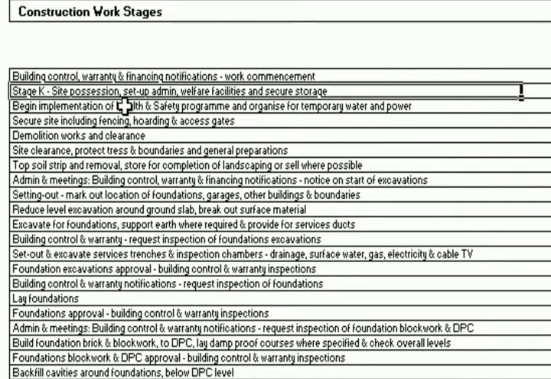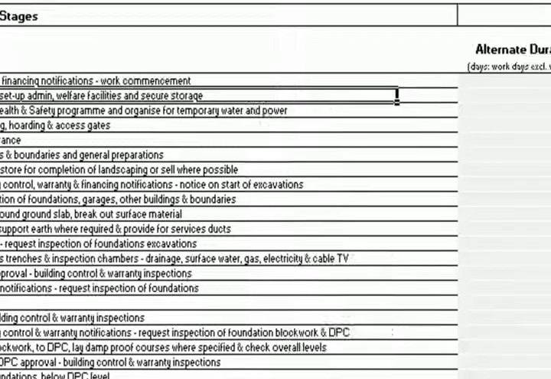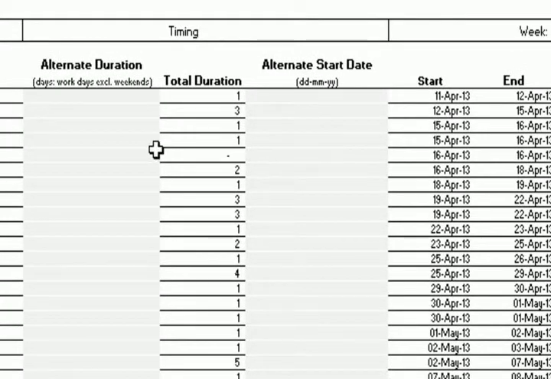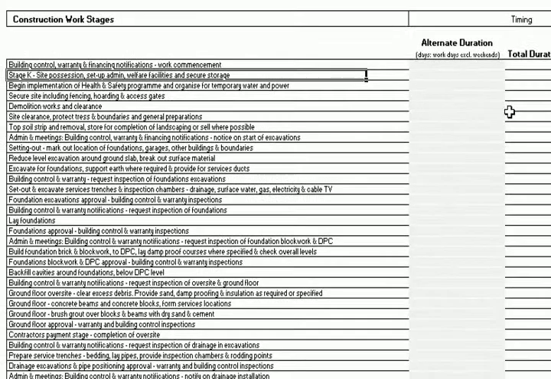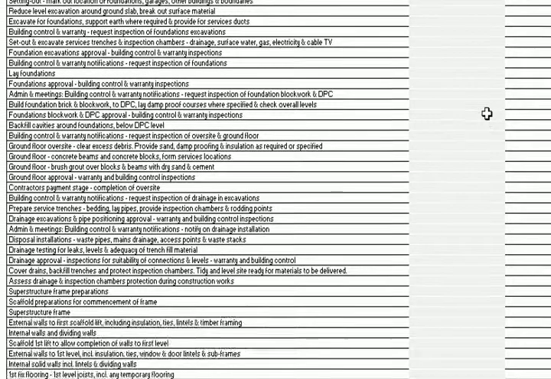They will all have their own different work stages, the time that those work stages will take according to the type of property, and therefore the duration of the project will differ for the different types of options that we choose. Now that's important because it means that the finance cost, the construction finance cost, will be adjusted according to the size of the property and how long we think particular aspects will take.